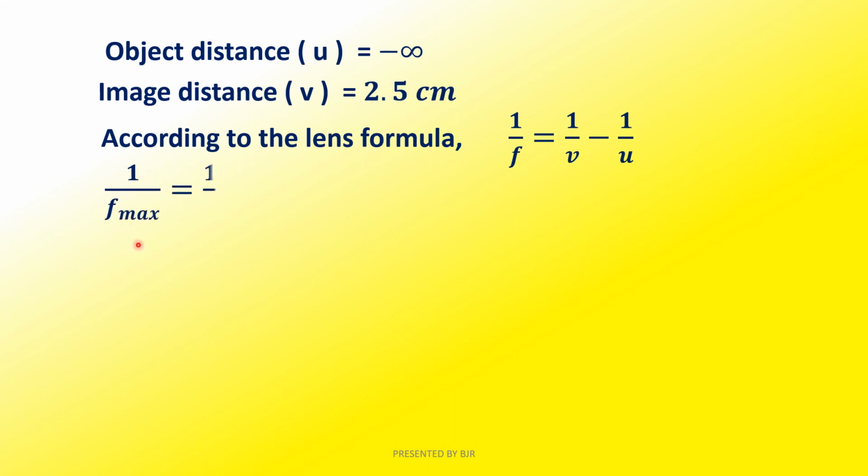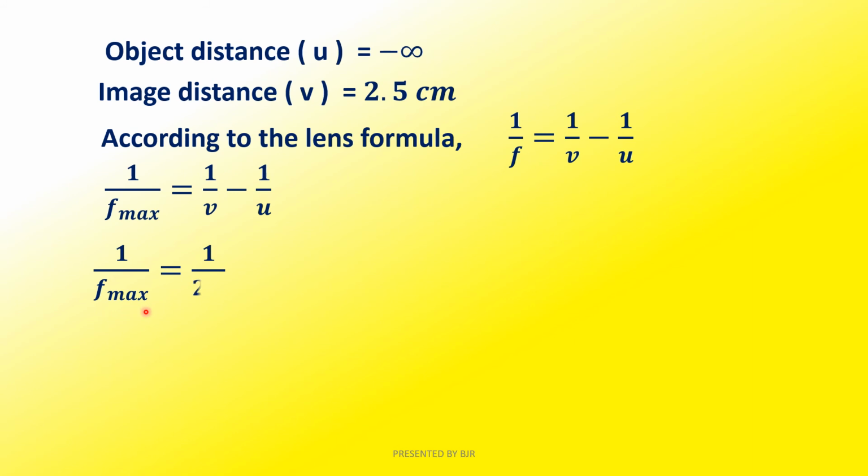Here I considered f as f maximum because the eye lens will have the maximum focal length when the object is at infinity. So 1 by f maximum equal to 1 by v minus 1 by u in this case.